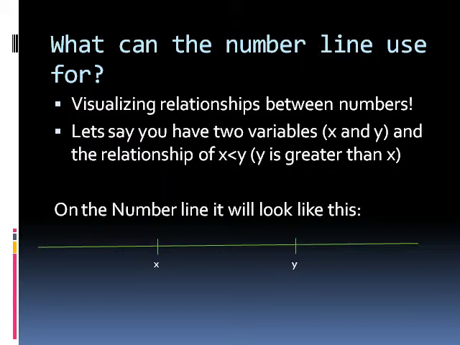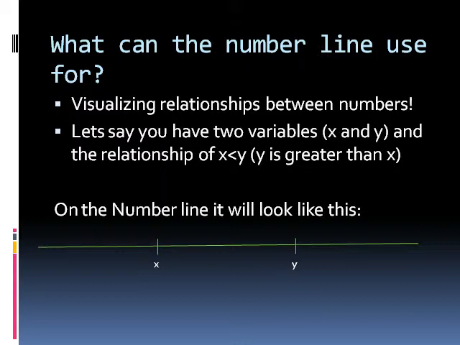And here we can see an example. Let's say you have two variables, in this case x and y, and we're given the relationship that x is less than y, or y is greater than x.